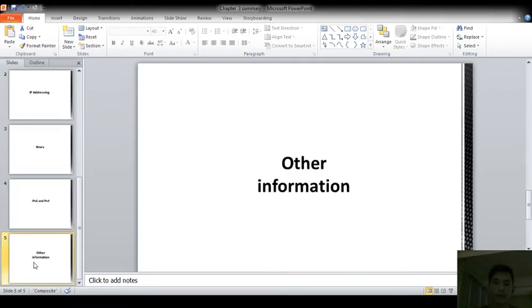Next, I'm going to discuss other information in the chapter. The ICMP, or Internet Control Message Protocol, is available for both IPv4 and IPv6. I will discuss ICMP first before its application for IPv6 and IPv4.